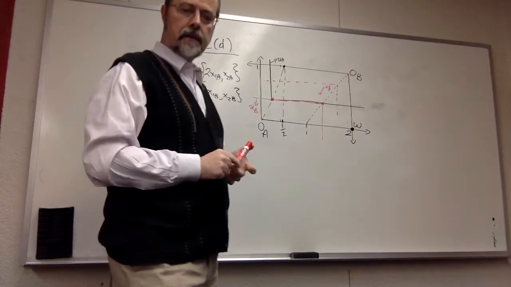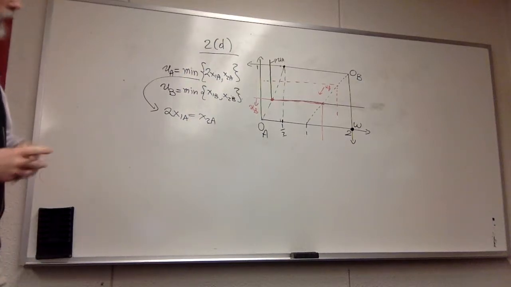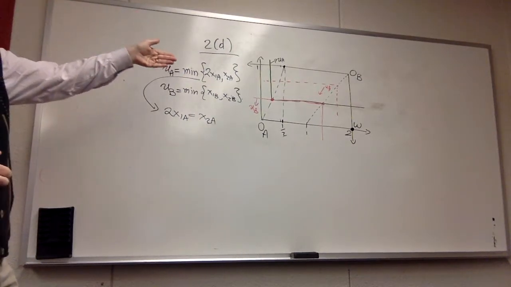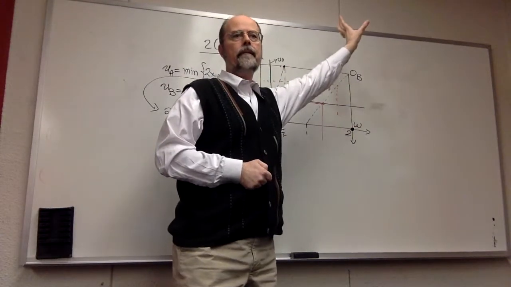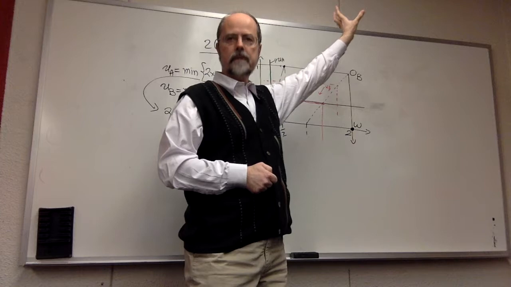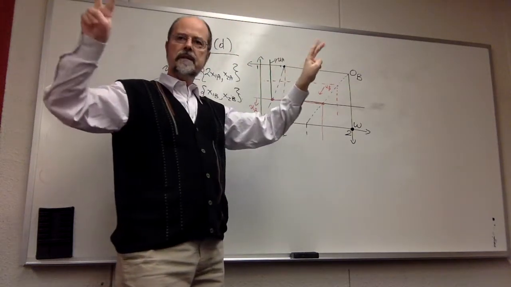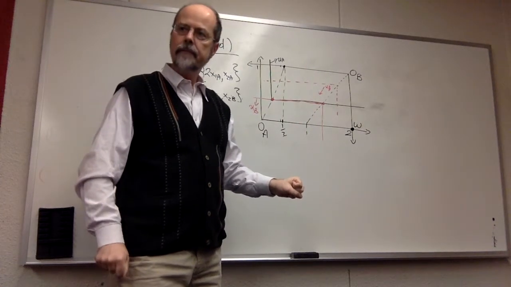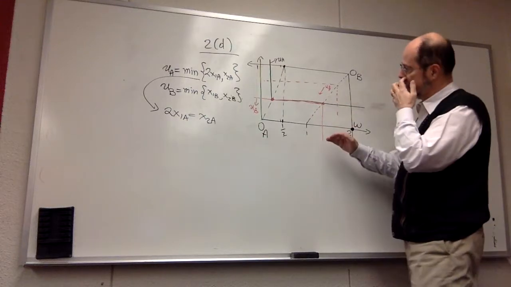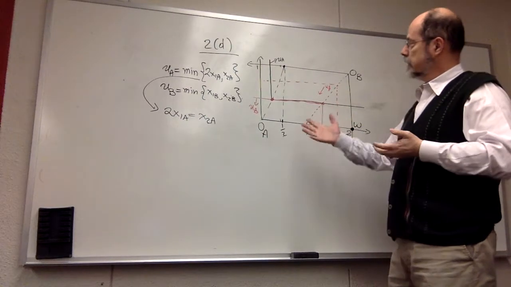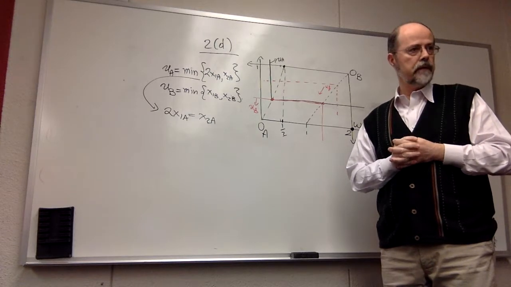And just to double check that what I said earlier is still correct, if I started with a red solid indifference curve of person B, and I pushed the black one as high as it will go, I would end up exactly with the same tangency interval, right? So once you recognize that that's the story, then it ought to be fairly clear what the set of Pareto efficient allocations is.